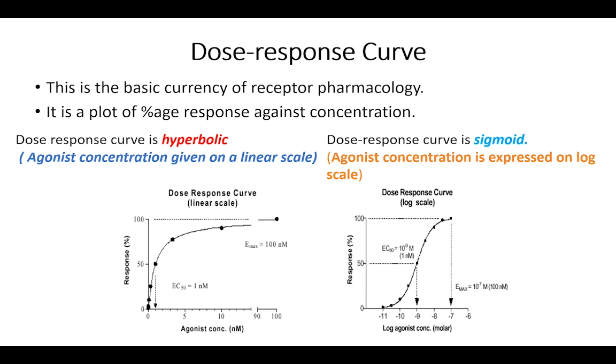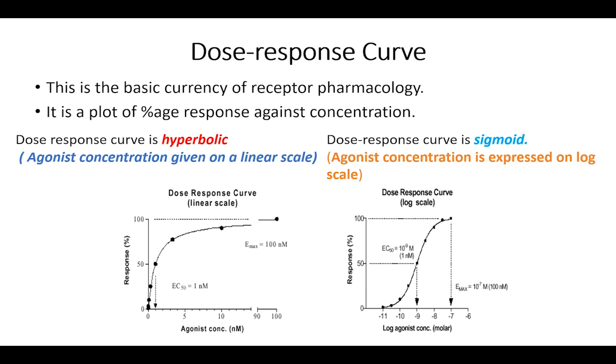Why we call it the best currency is because it is used in many areas as we are studying receptor pharmacology. For instance, in comparing drugs, in studying the therapeutic index and safety, in studying the potency and the maximal effect. So in many areas of pharmacology, it is used.